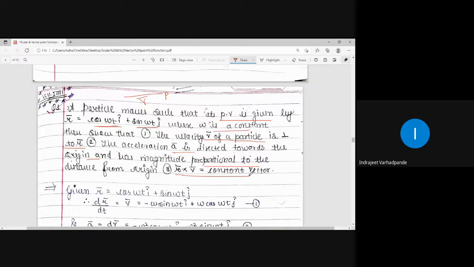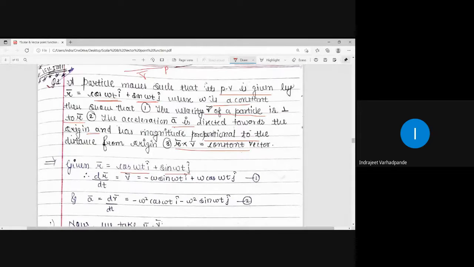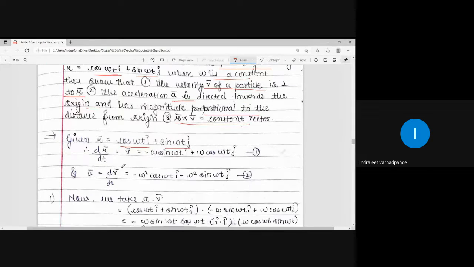The third component, that is k bar, which acts along the z-axis, is absent here. So given r bar is equal to cos omega t i plus sin omega t j, I am interested in calculating the velocity v bar. Now velocity v bar is nothing but dr bar by dt. So you calculate the derivative.